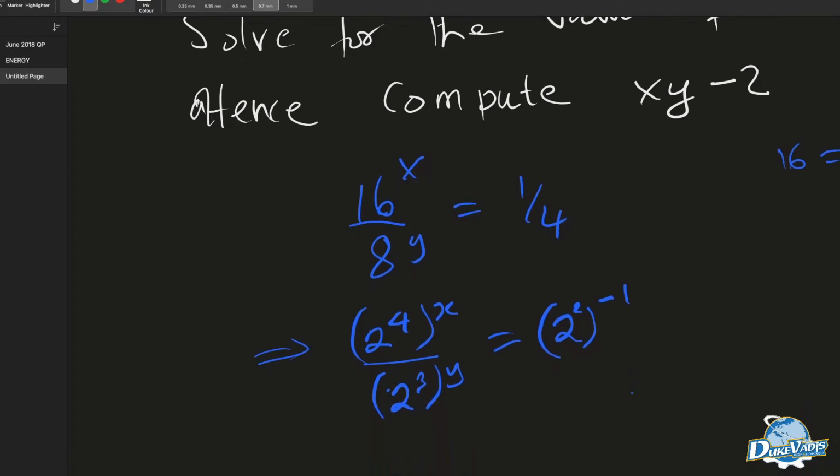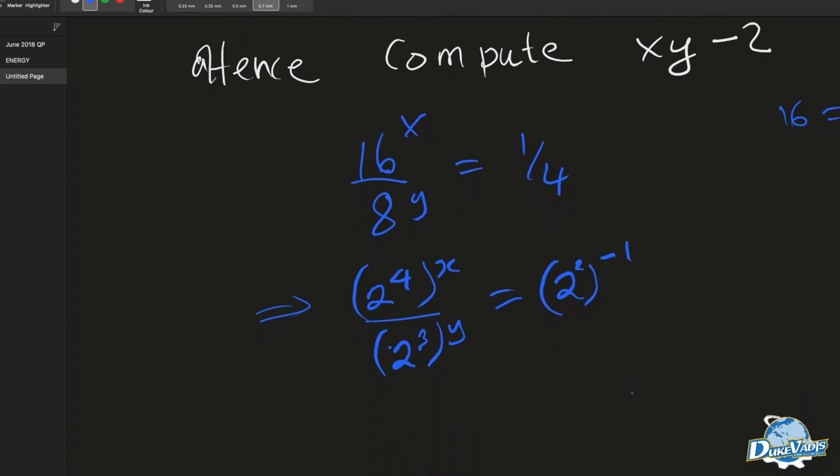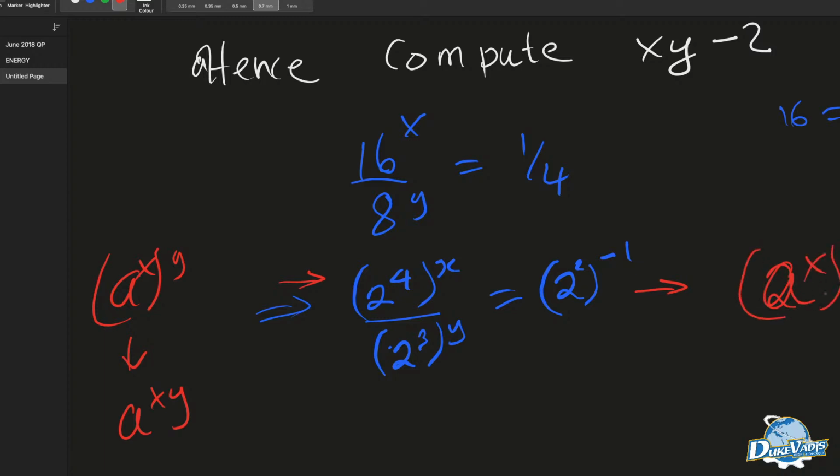We'll make life easier for ourselves if we apply the properties. For sure, if you look at the top one here, we can say a raised to the power x, multiplying y, gives us a raised to the power xy. We apply the same thing over here: a raised to the power x multiplying by negative 1 will give us a raised to the power negative x.